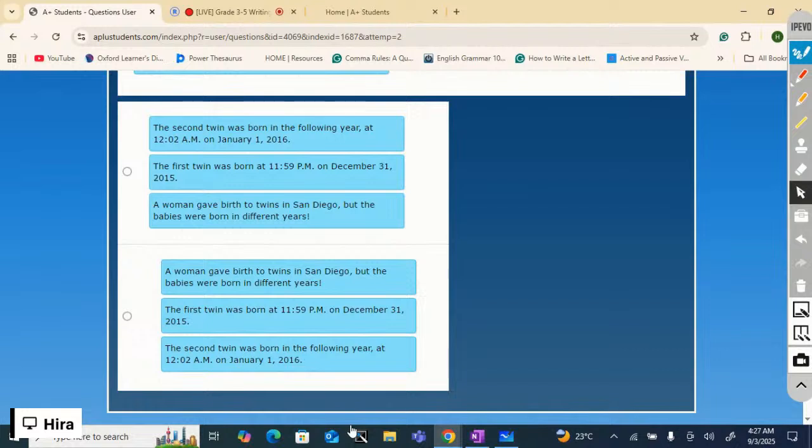So this second option is correct, because first we write a woman gave birth to twins, then the first twin was born at this time, and then the time of arrival of the second twin. So this makes sense. This is the correct sequence of events.